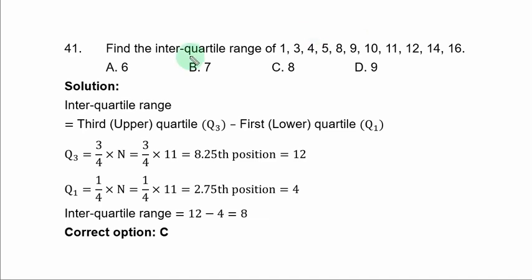Question 41. Find the interquartile range of 1, 3, 4, 5, 8, 9, 10, 11, 12, 14, 16. One thing you must make sure is that the data are arranged in ascending or descending order.